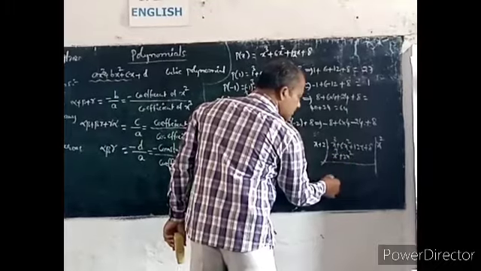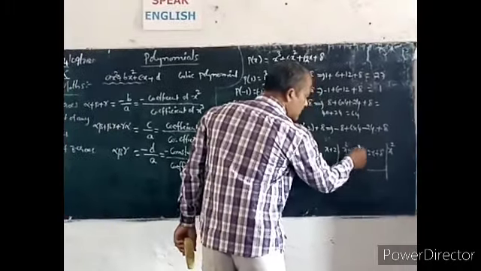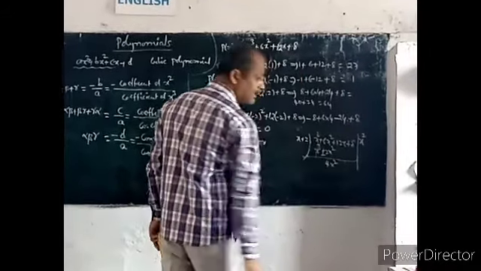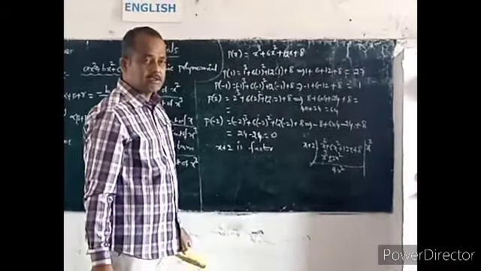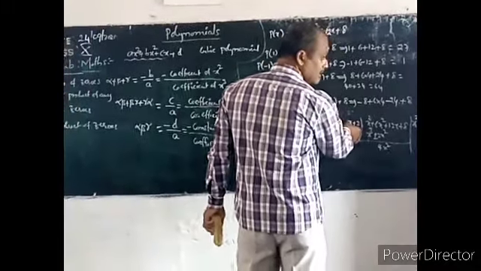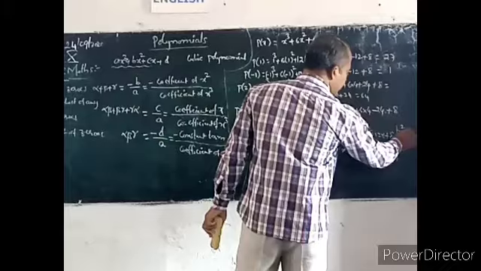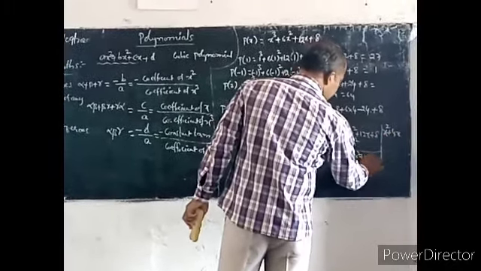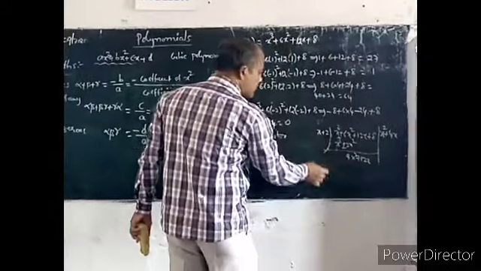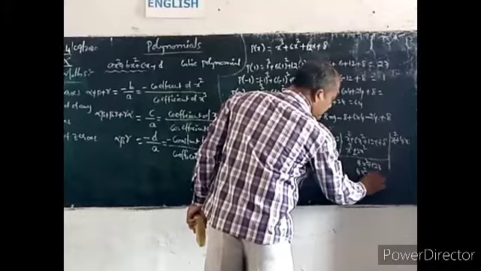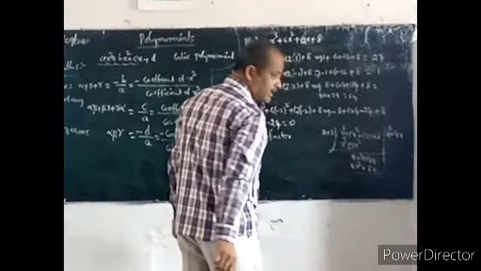Now x cube minus x cube is 0. 6x square minus 2x square is 4x square. When we are subtracting, the sign will be changed. Now 4x square divided by x, how much are we getting? 4x in the quotient, right? Plus next term taken down, 12x. 4x into x is 4x square, 4x into 2 is 8x.